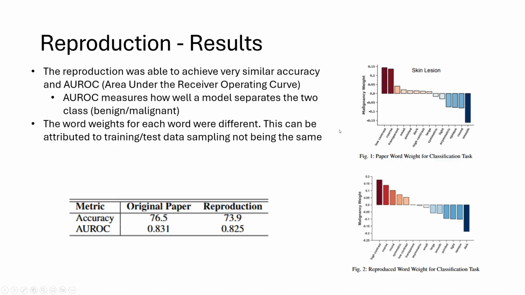And I attributed this difference to my reproduction having different training and test data. Yes, both training and test data sets came from the overall SIIM-ISIC data set. However, the 20% that I chose to be the test data is probably different than what the paper chose to be their 20% test data. So I think that difference in data set sampling is what produced the variance between the weights.